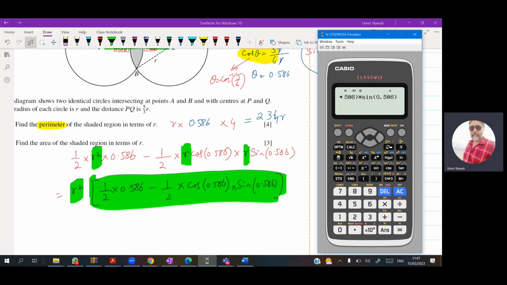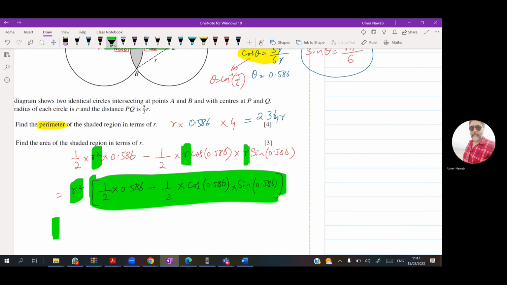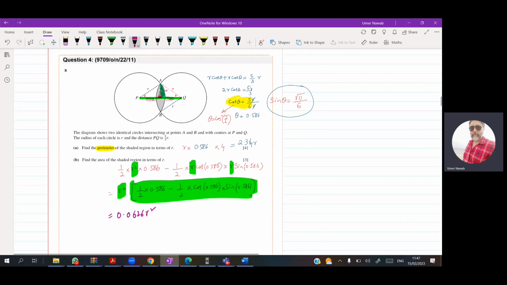Oh, I put one bracket from my side which was not needed. So 0.0626. So the answer should be 0.0626 r squared. That should be the answer for this.